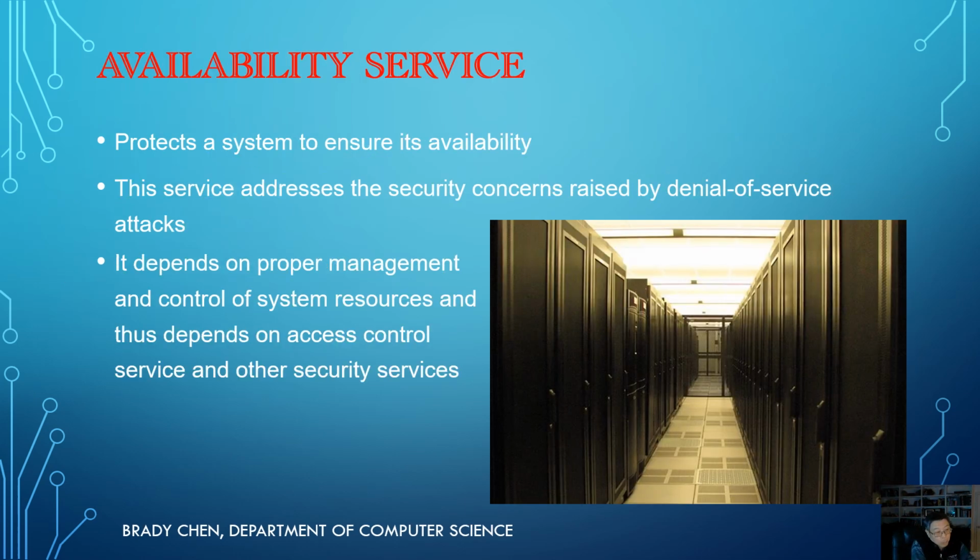Okay, the next one is the availability service. Availability service protects a system to ensure its availability. Availability is the property of a system or a system resource being accessible and usable upon demand by an authorized entity, authorized users, according to the performance specification for the system.